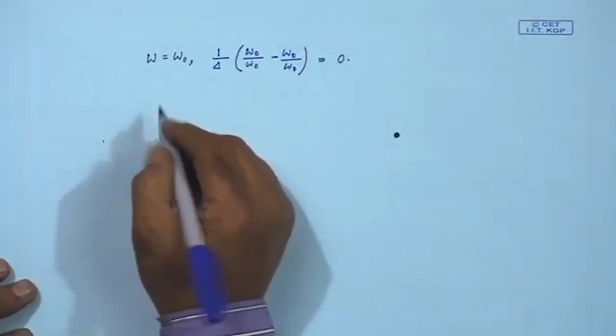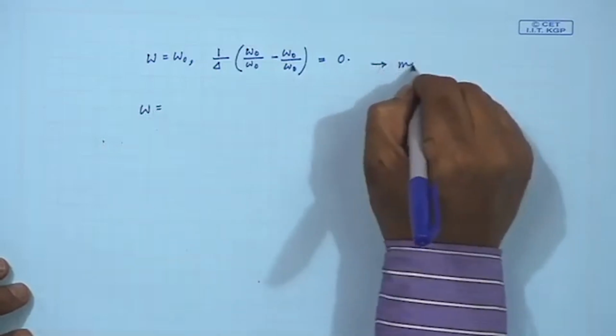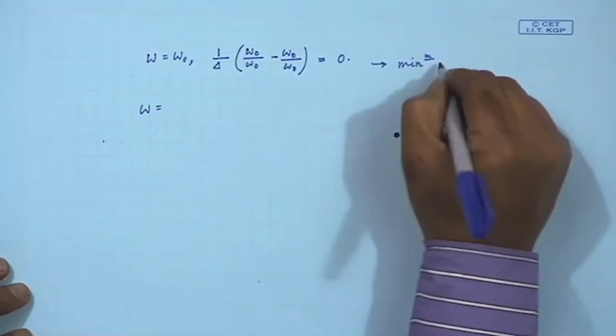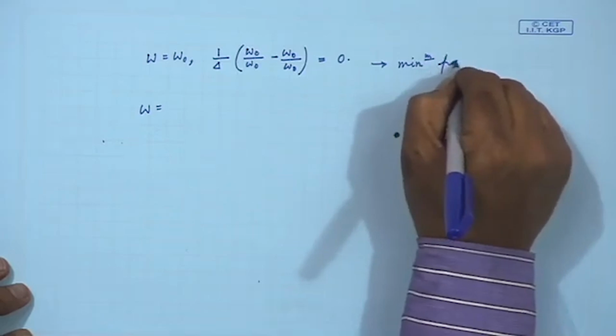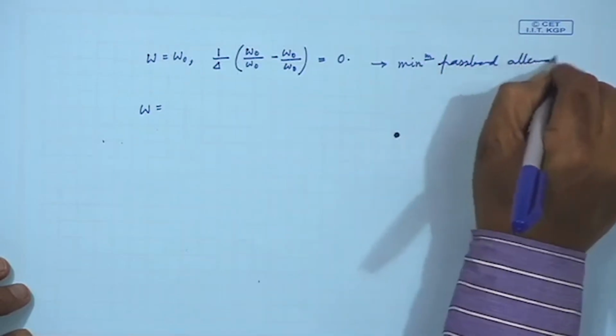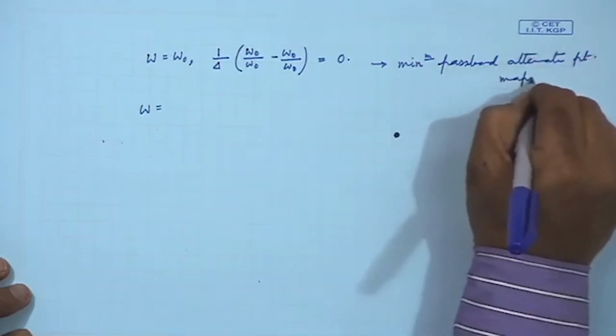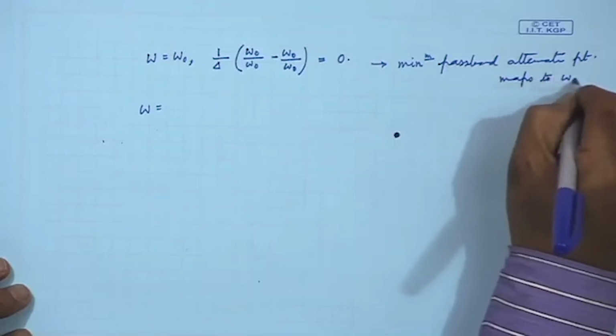So, I can say that the minimum passband attenuation point maps to omega naught.